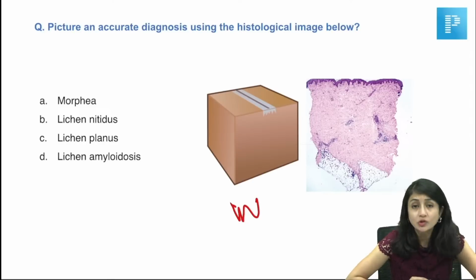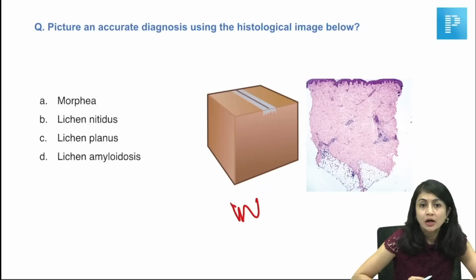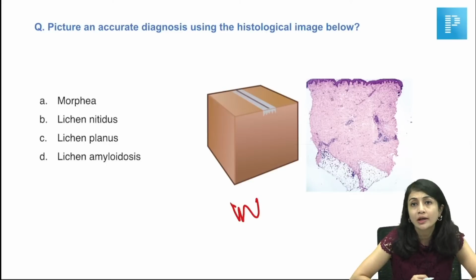See, because based on this histopath image, it's a very low power view. Yes, it shows a lot of fibrosis, but the epidermal changes are hardly clear to make a diagnosis of what it is exactly. Now, this box thing which shows sawtoothing is something which you see in lichen planus.